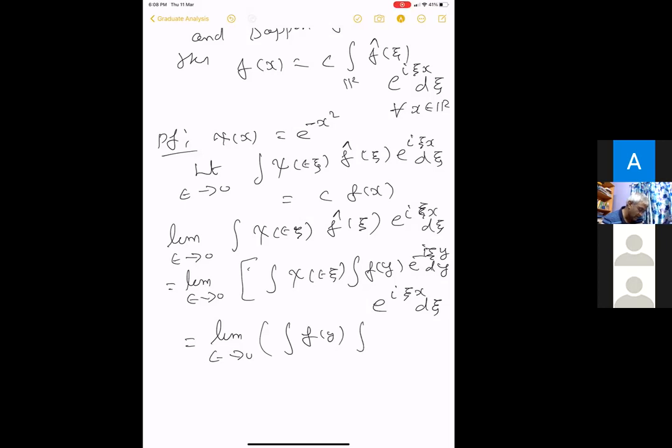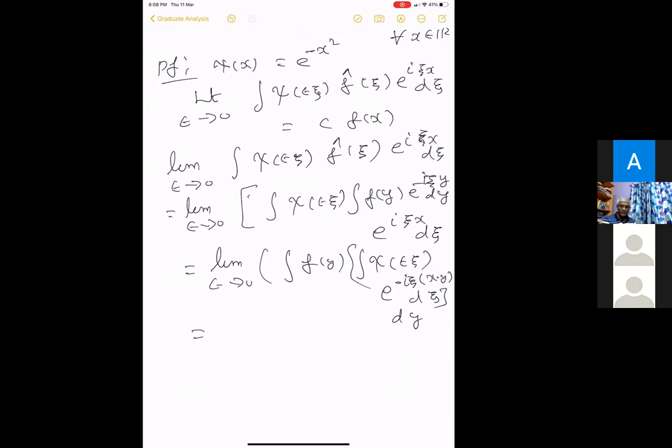Then we have this integral of chi of epsilon xi, then e power i xi times x minus y, d xi.